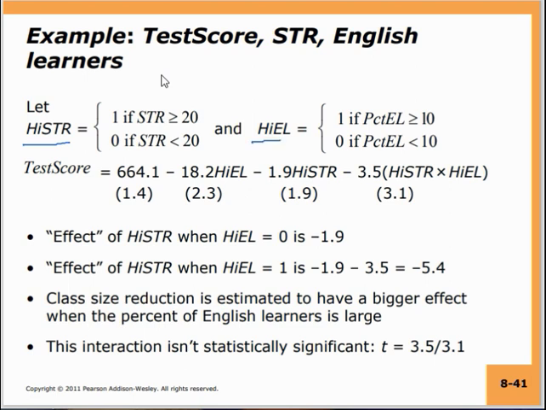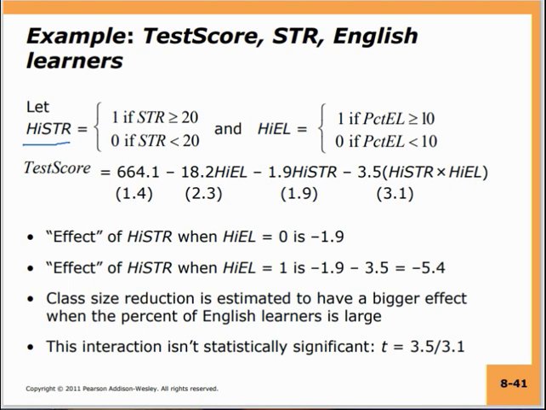Similarly, we discretize the English learners variable and create a new variable called high English learners, which takes on a value of 1 if percentage English learners is greater than or equal to 10, and 0 if it is less than 10.